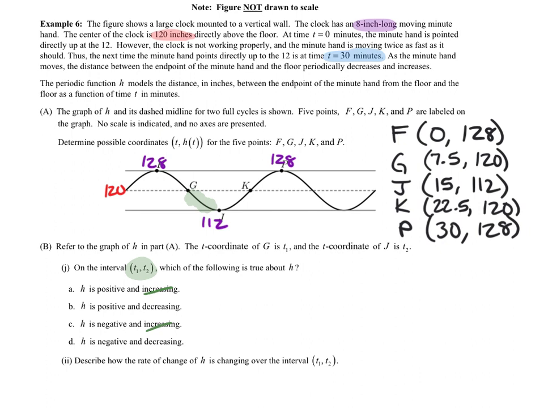The next problem is that it says H is positive and H is negative. Now, I'm sure your brains are thinking about concavity. I love that. This question is not asking about concavity. It's asking about, in real life, is this clock, is this lever arm above the ground or below the ground?